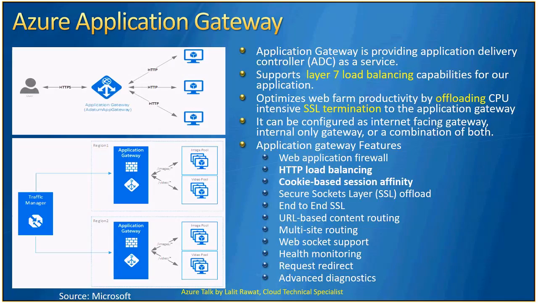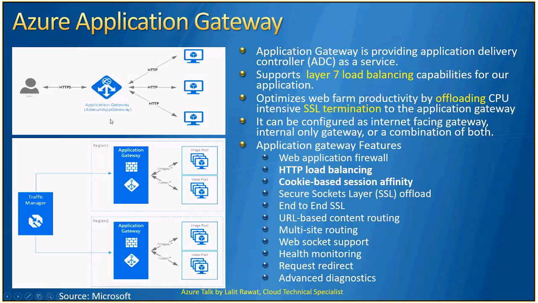You can configure SSL here, monitor the health, and it will redirect the request as well. Apart from that, you have advanced diagnostics when you configure Azure Application Gateway for your web apps or VMs.